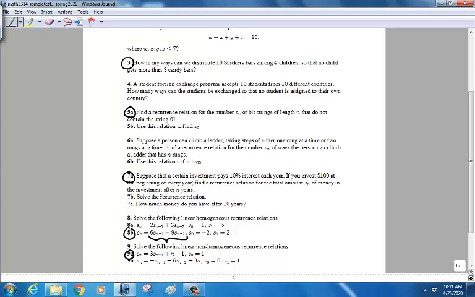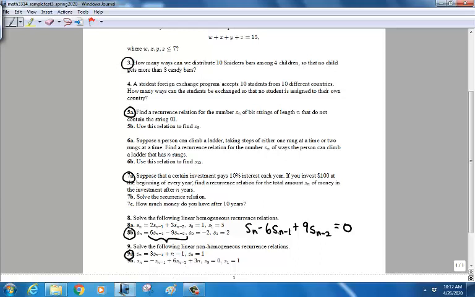So, like we did in number 7, first take the recurrence relation and set it to 0. Write it like this. Still the same recurrence relation, right? I'm just rearranging terms here, right?